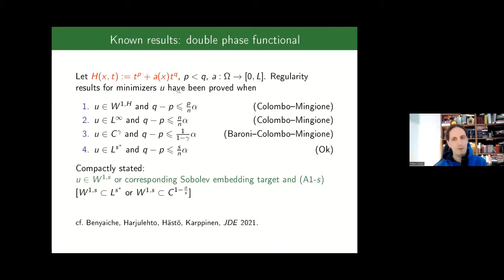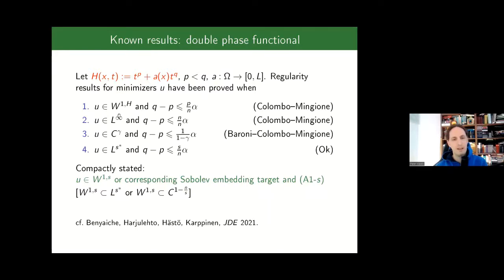They proved various regularity results for minimizers with a combination of an assumption on the minimizer, like it's Sobolev or Lebesgue or Hölder regularity, and then these parameters.